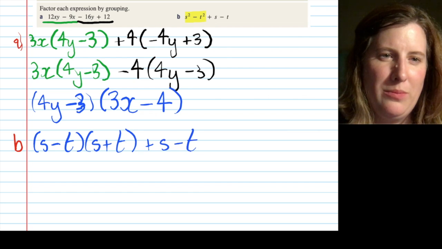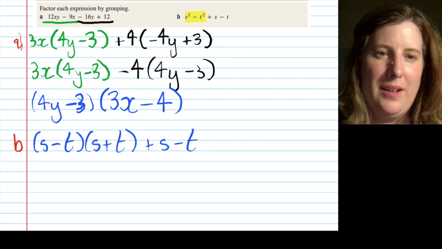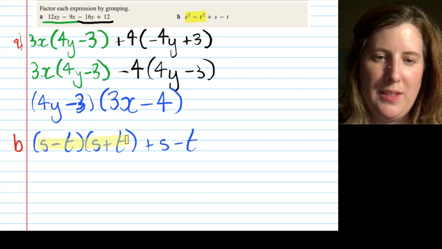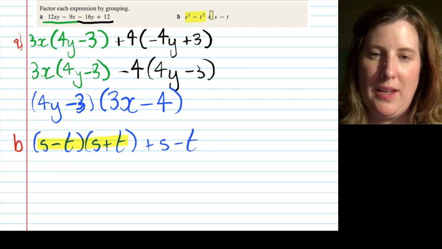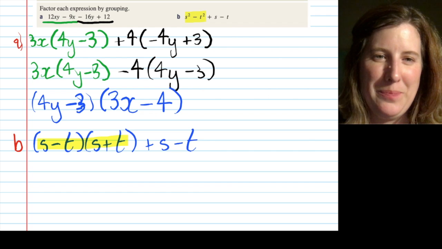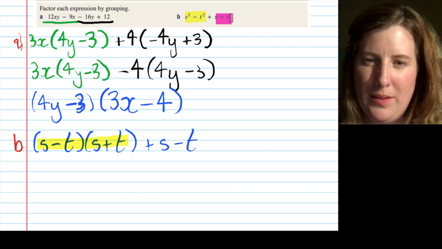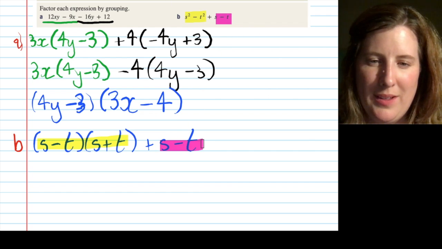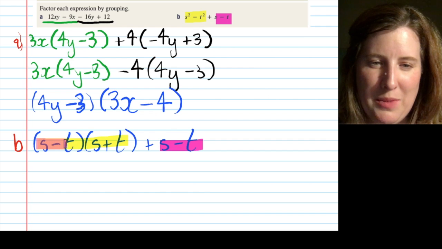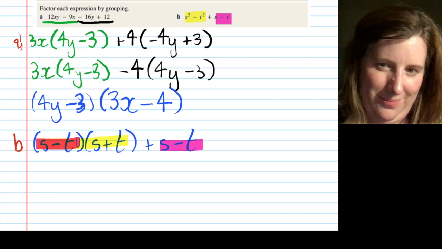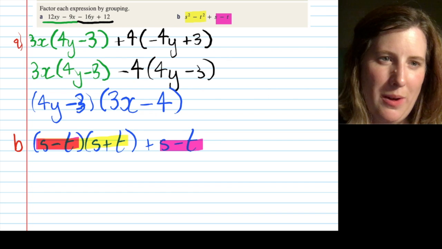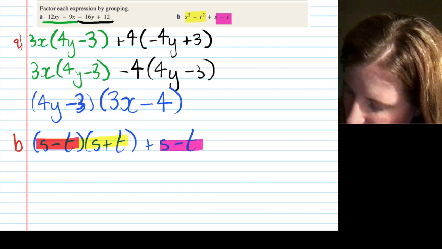I'll highlight this so you know this s plus t, s take t, s plus t, that just came from that section. Now, this bit is actually looking the same as this bit of that. So I'm just going to rewrite this line. The first bit's going to stay the same.